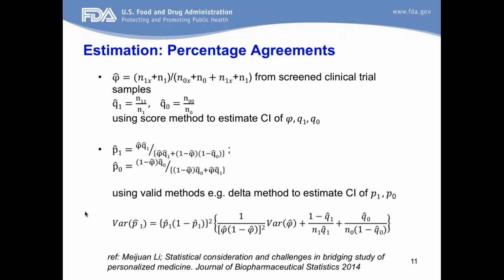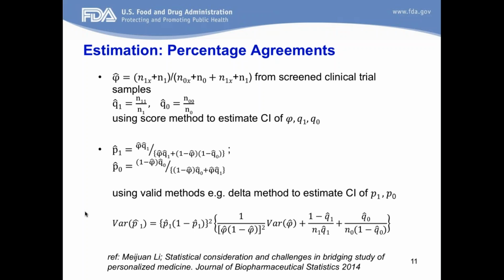If you have a previous table, you just plug in this formula to get the estimate of phi and also Q1 and Q0. The confidence interval will be very straightforward, and you can use the score method to estimate it. Once you have those three quantity estimates, you could easily estimate P1 and P0. Use the formula I put here.